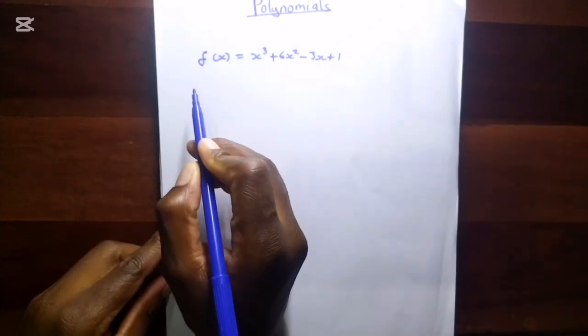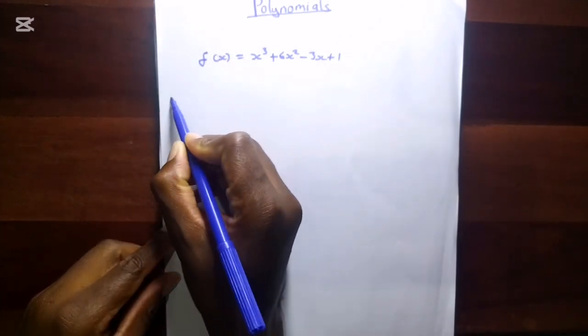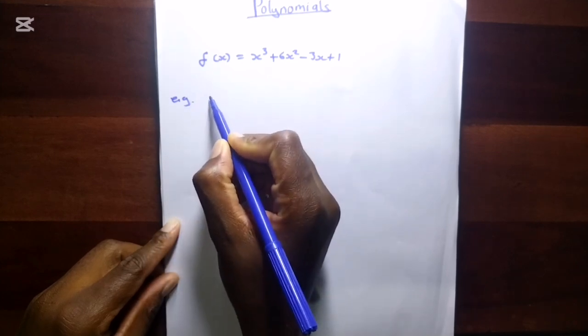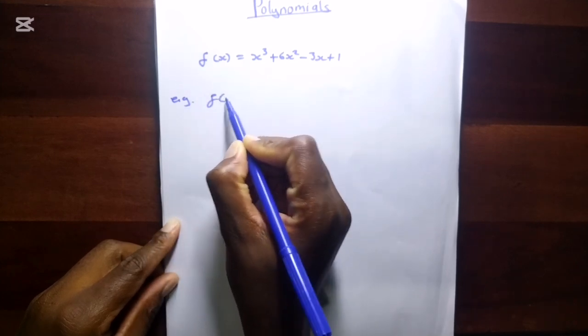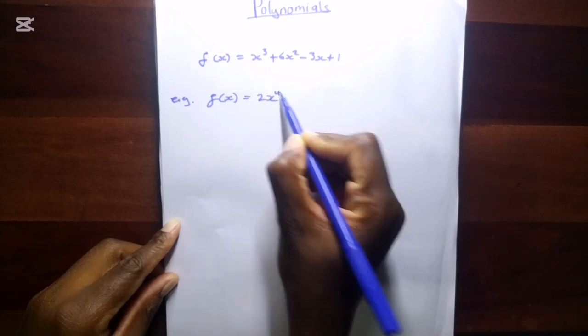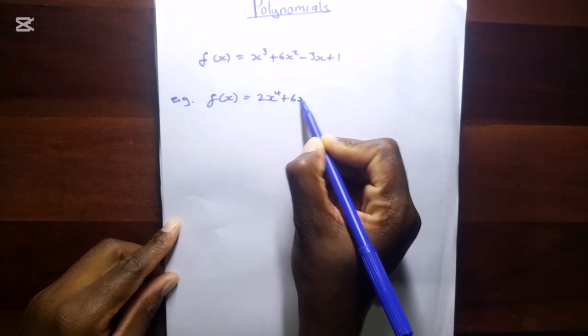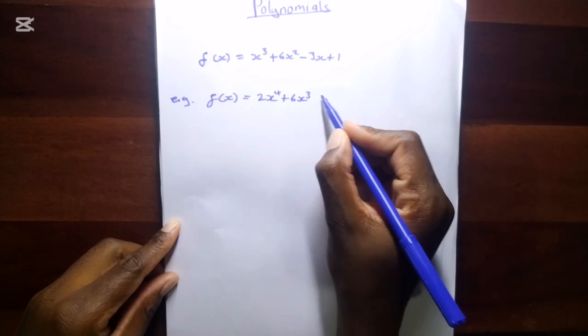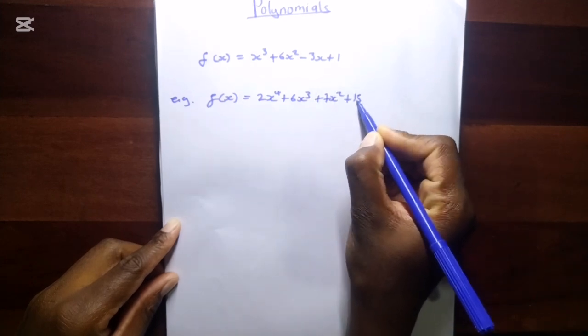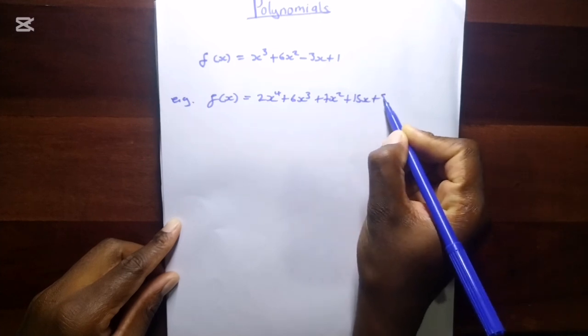To explain better, I'm going to use an example. So let's say our f of x is equal to 2x to the power 4 plus 6x cubed plus 7x squared plus 15x plus 5.